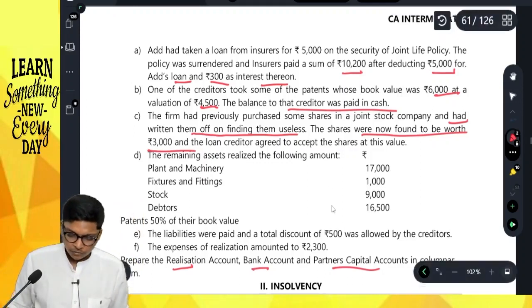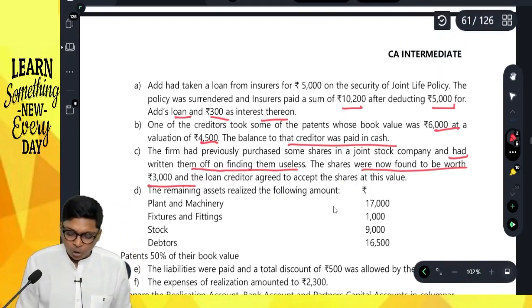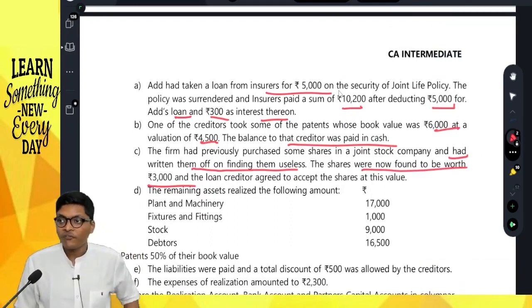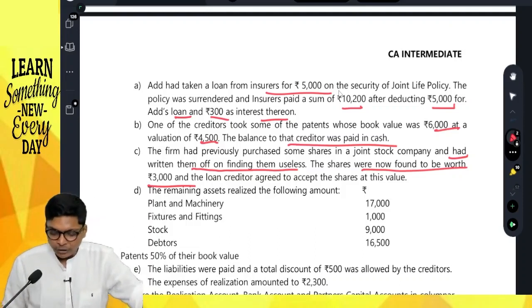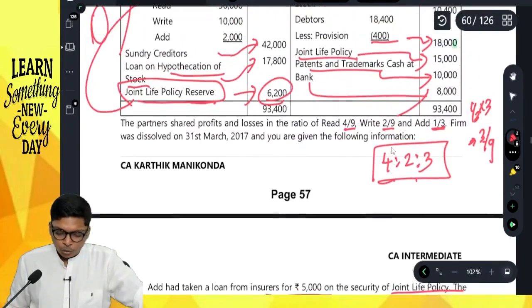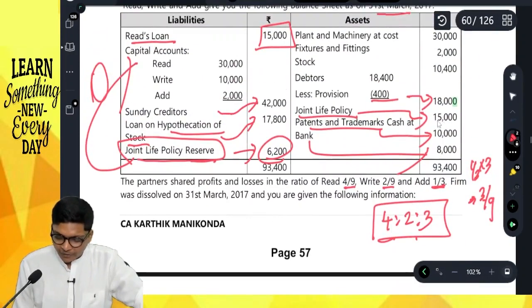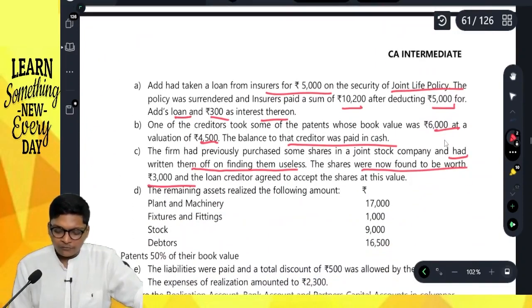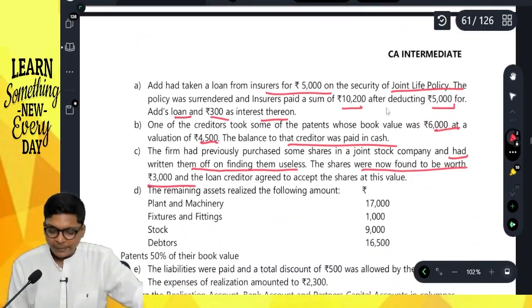Now, AD has taken a loan from the insurers for 5,000, on the security of the joint life policy. That means he used this JLP asset of 15,000 and took a loan of 5,000 from the same insurance company. Able to follow, guys?